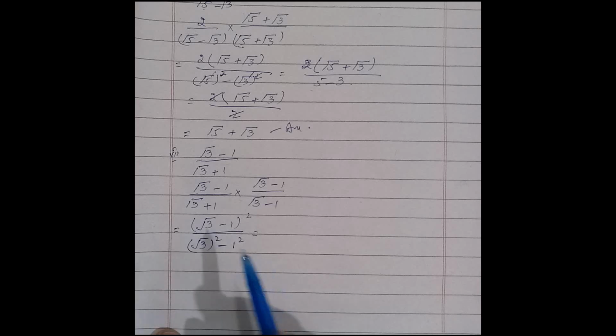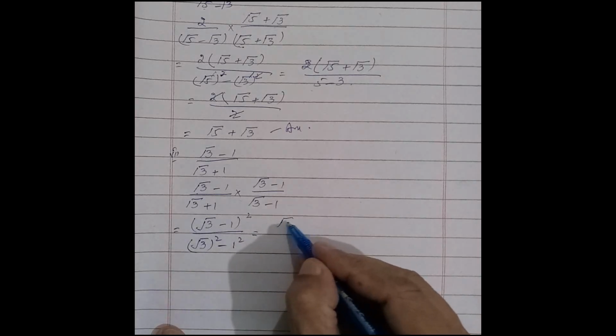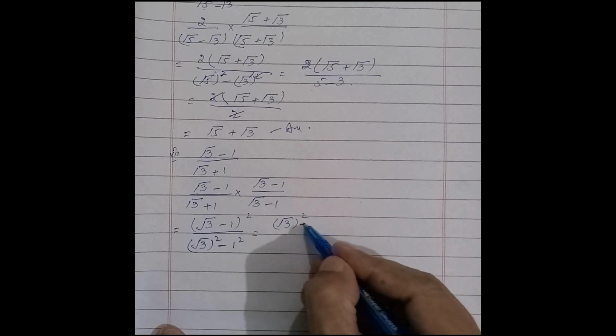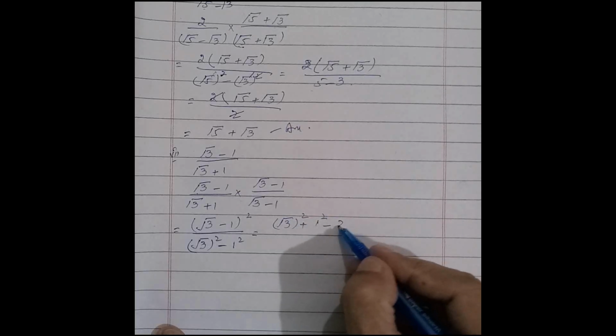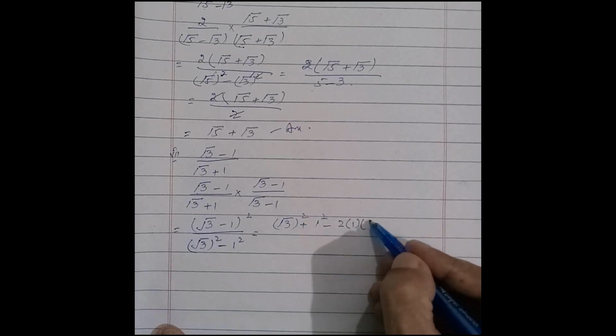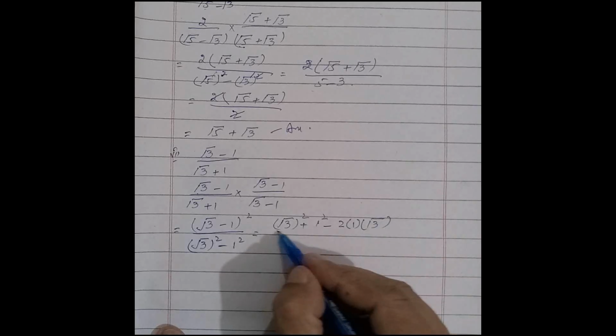In the numerator we take the square of square root 3 minus 1, and we have the formula a minus b whole square, where square root 3 is a and 1 is b. The answer is a square plus b square minus 2ab, which is square root 3 square plus 1 square minus 2 into 1 into square root 3.